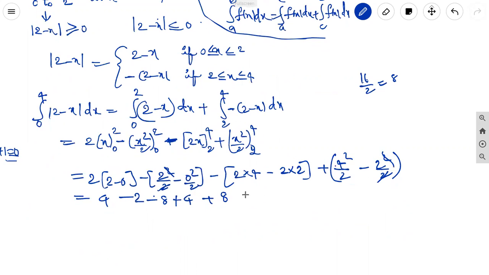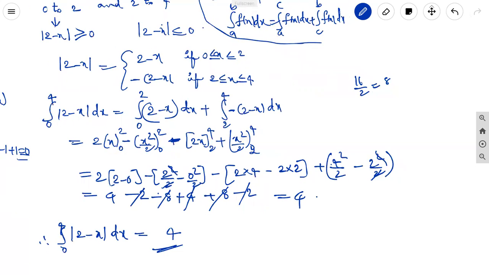The 2s get cancelled, minus 2. Here minus 2 plus 4 cancelled, plus 8 minus 8 cancelled. The answer is 4. Therefore, integral 0 to 4 modulus of 2 minus x dx is equal to 4. This is the answer.